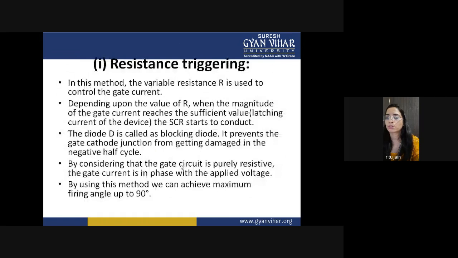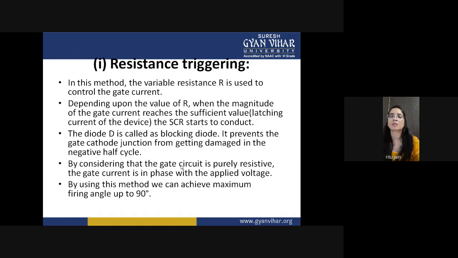First we will discuss resistance triggering. These methods are very important, and most of the exam questions are asked from these two triggerings. So let's start with resistance triggering.